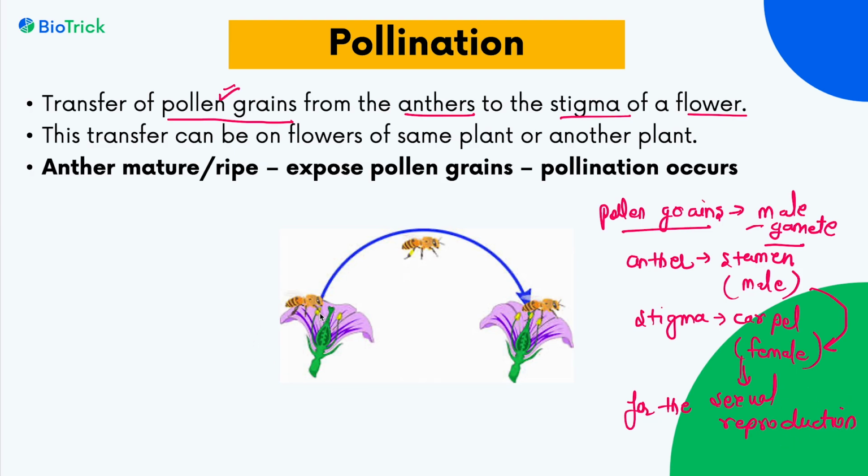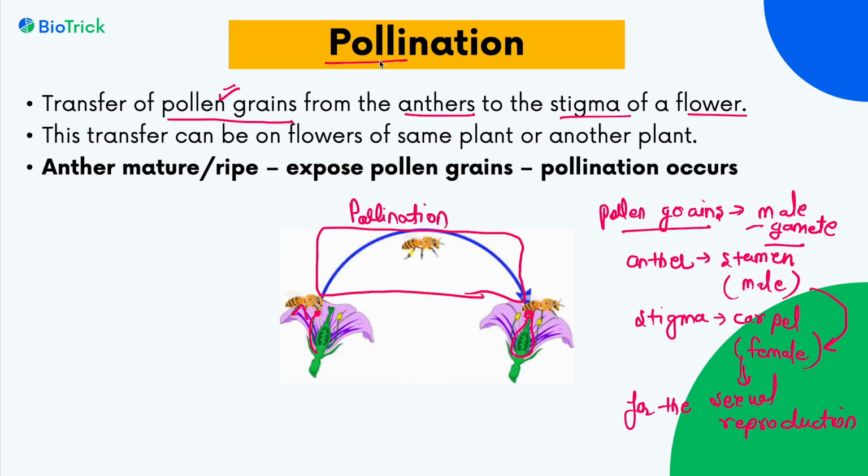As you can see in this diagram, these honeybees are transferring pollen grains from the anther to the stigma of another flower, and this process is called pollination.